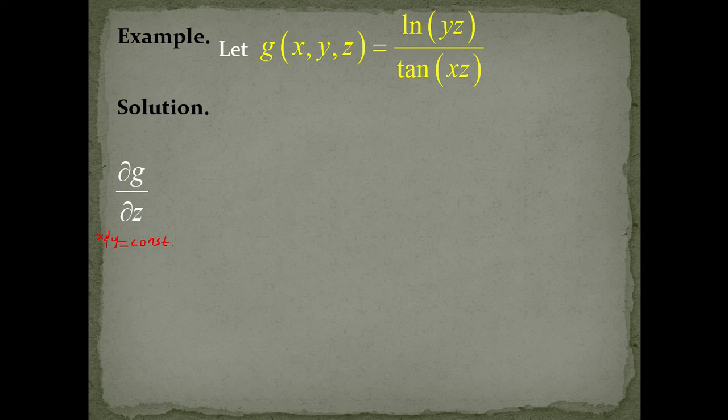Alright, so still we are going to use the quotient rule. So we have this is our v, this is our u. Okay, so this part here is our u, and the numerator is u, and the denominator is our v.